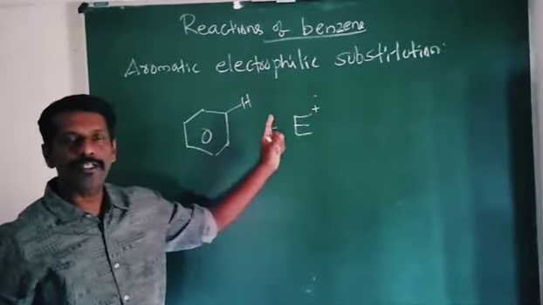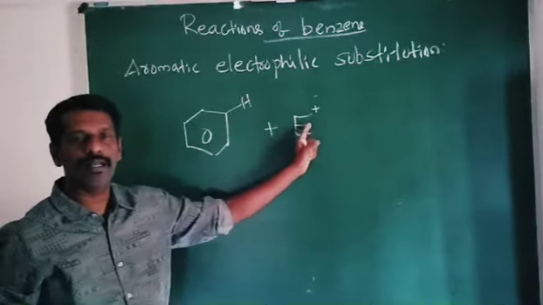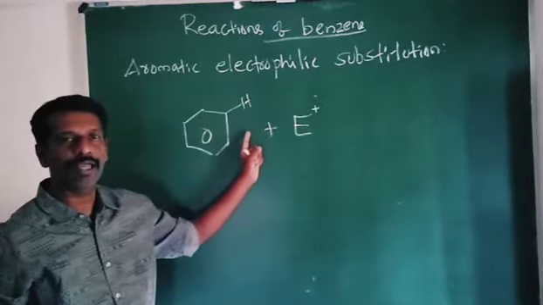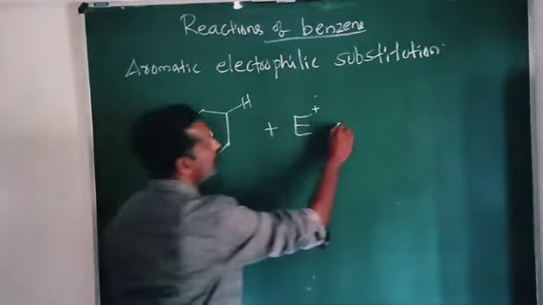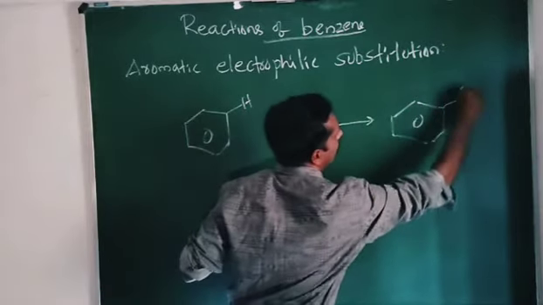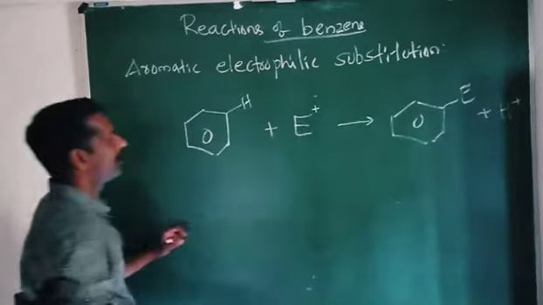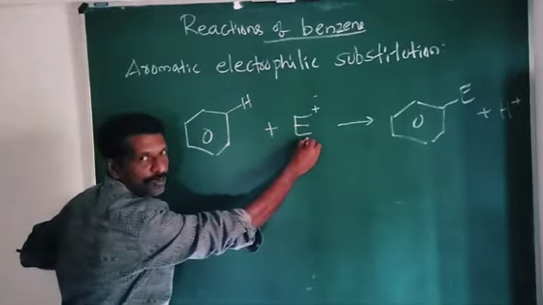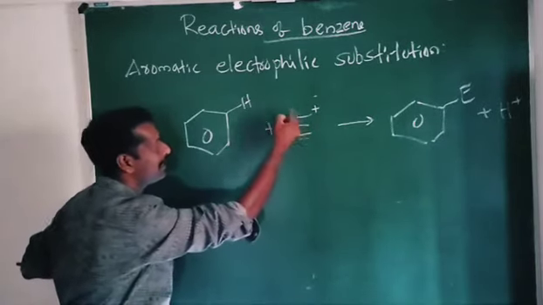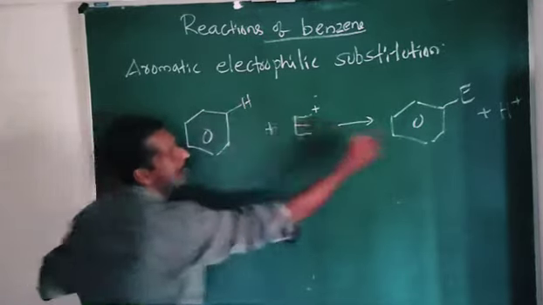When an electrophile comes to attack benzene, what will happen? You get a structure like this plus H plus. This electrophile is attaching to the ring and a proton, H plus, is removed.